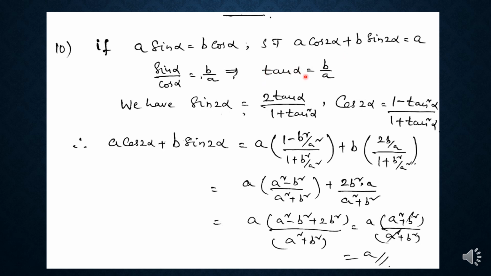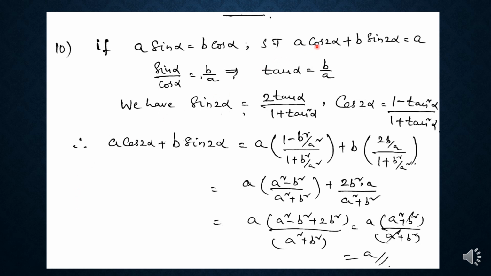Tan alpha is equal to B by A. So that we can write sin 2 alpha in terms of tan alpha and also cos 2 alpha in terms of tan alpha, because we know the value of tan alpha is equal to B by A. So we have sin 2 alpha is equal to 2 tan alpha by 1 plus tan square alpha, and cos 2 alpha is equal to 1 minus tan square alpha by 1 plus tan square alpha.